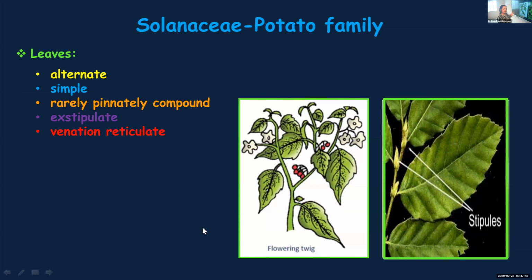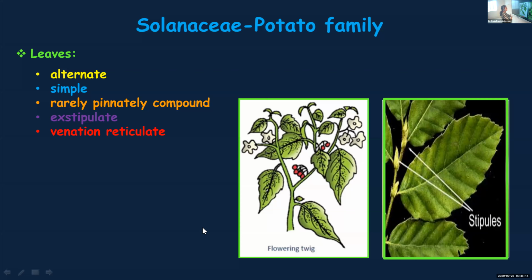You can see green leafy structures there, and their function is to protect the leaf when it is young. It protects the young leaf as well as buds. I'll repeat once again: stipules are leaf-like structures, usually in pairs, found at the base of the leaf stalk. Their function is to protect the young leaf or bud.